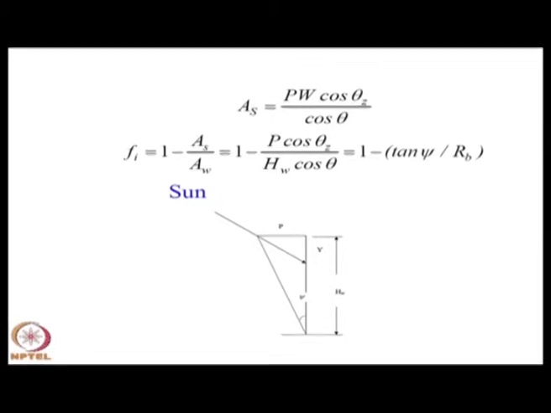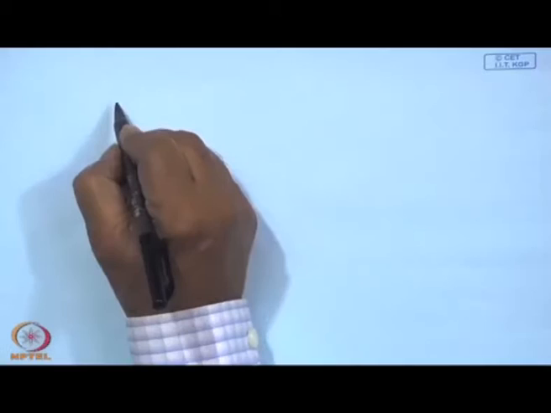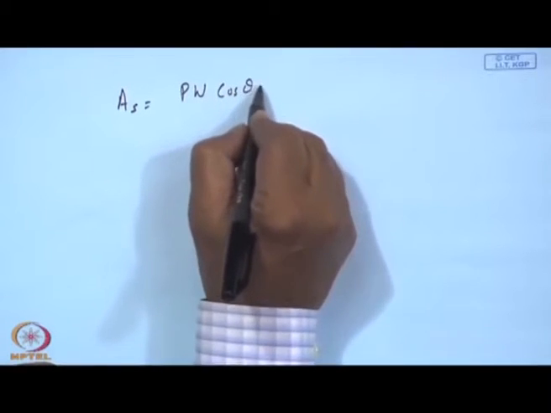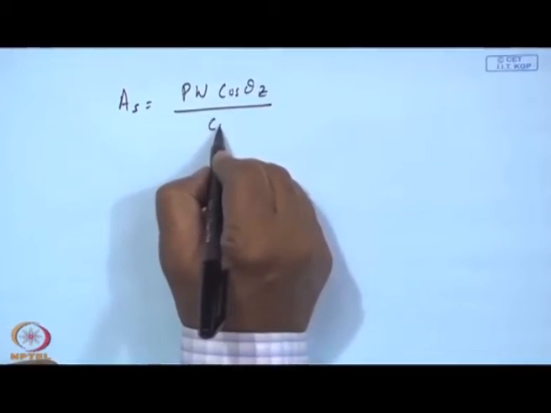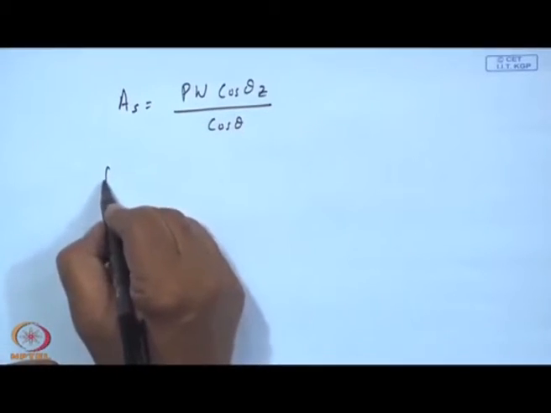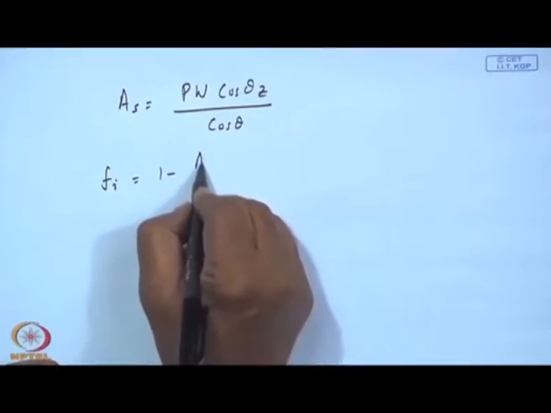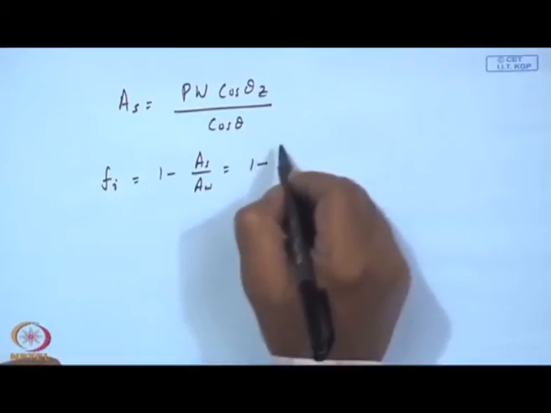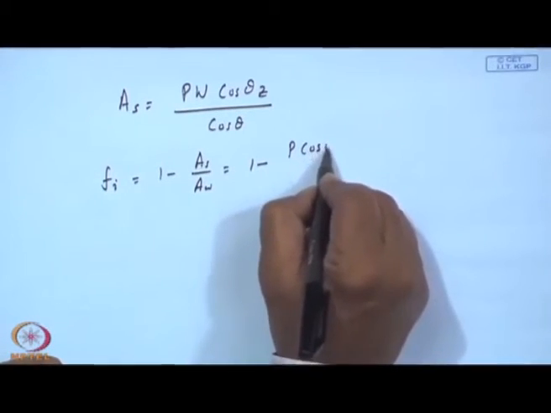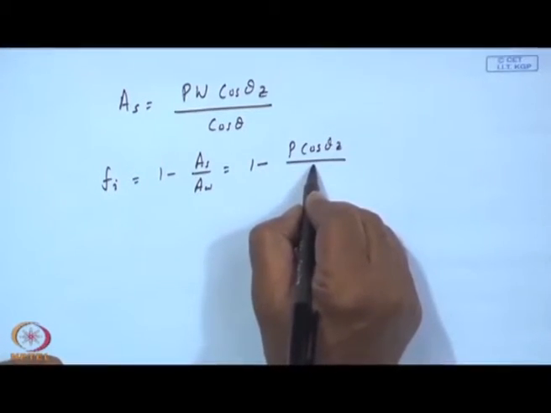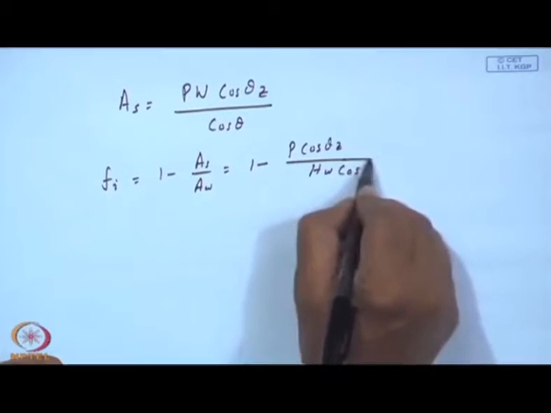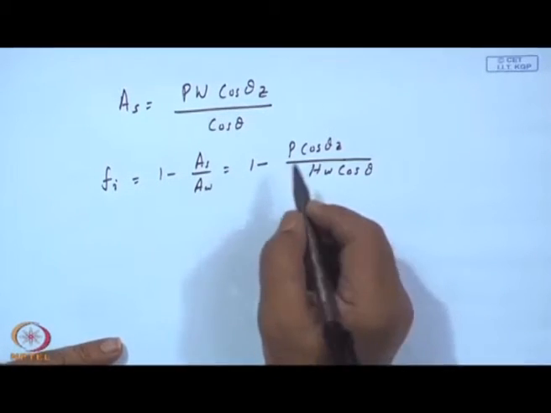So, my shaded area for the rectangular shape, because the overhang is infinitely long, is P w, simple trigonometry, upon cos theta. So my F_i is 1 minus A_s upon A_w, equal to 1 minus P cos theta_z by H_w cos theta, because A_w is H_w into P. So that is what you will get.